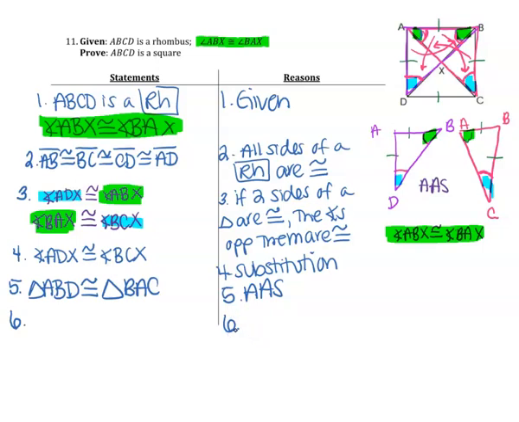Okay, and now again, the whole point was so that I could get my diagonals congruent. So that's now AC congruent to BD.